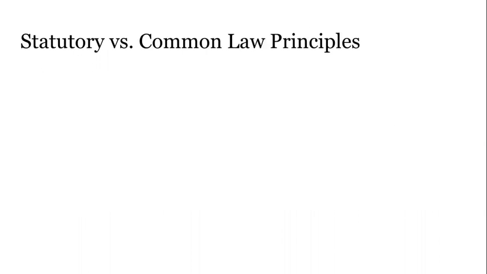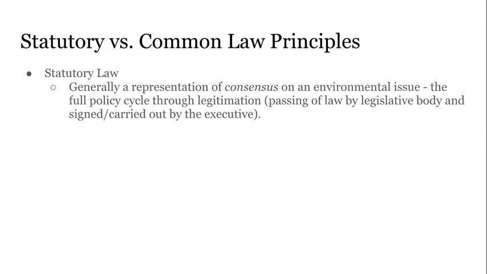So in terms of statutory versus common law principles, statutory law is generally a representation of consensus on an environmental issue: the full policy cycle through legitimation, passing of a law by a legislative body, and signed and carried out by the executive. So one important way to think about statutory laws, like the Clean Water Act and Clean Air Act, all of that alphabet soup, is that they are a representation of consensus on that issue.